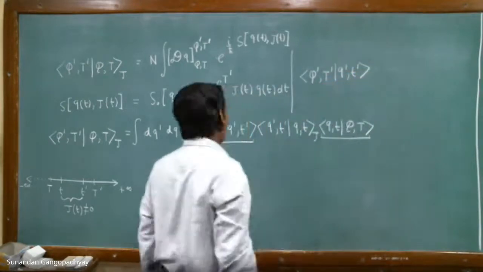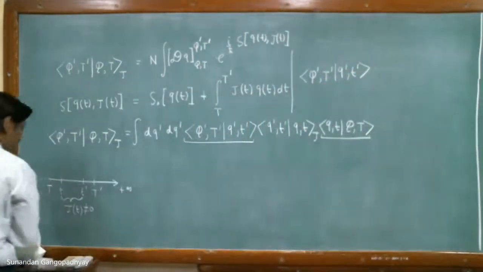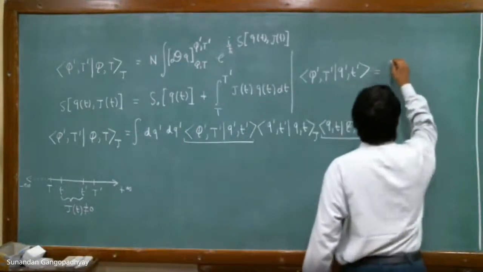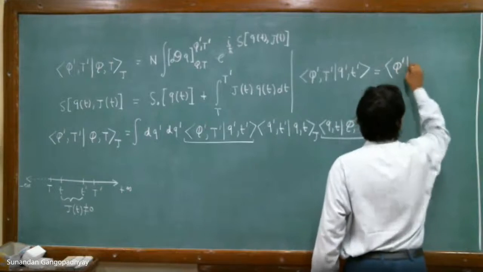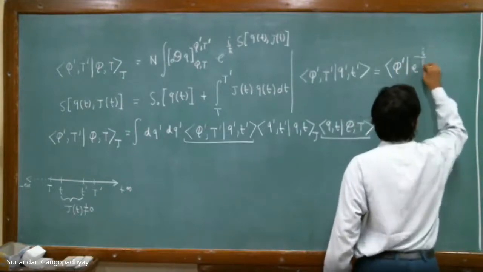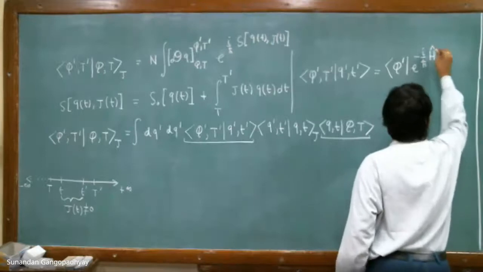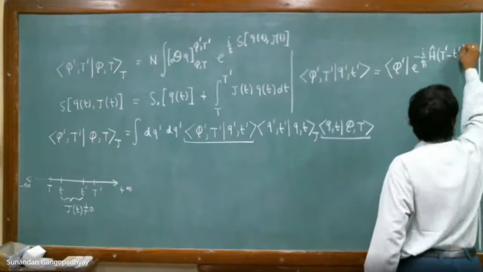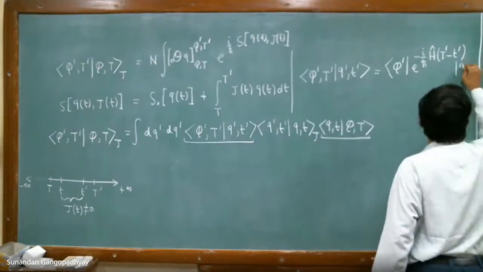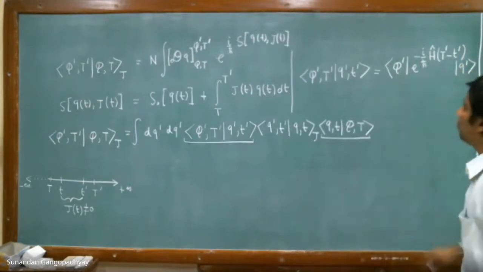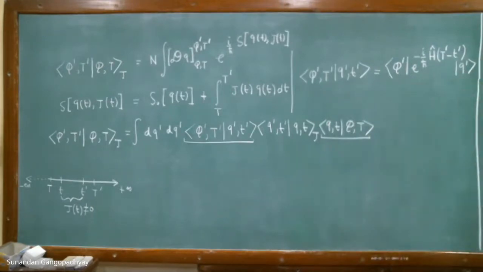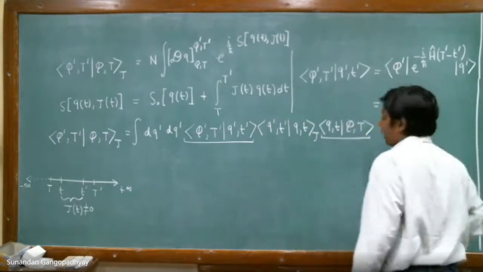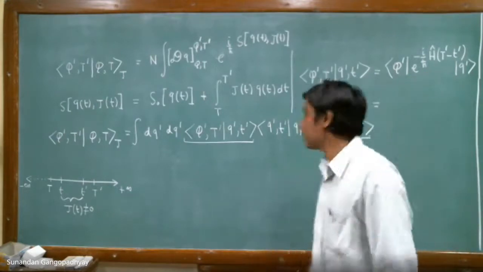We just need to put, from this Heisenberg representation, you can write this as Q prime e to the power of minus i by h bar Hamiltonian (Q prime minus small t prime) Q prime. So now from this Heisenberg representation, we have gone to the Schrodinger representation, and then you put a complete set of energy eigenkets.